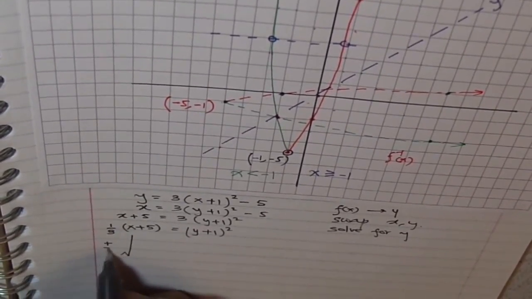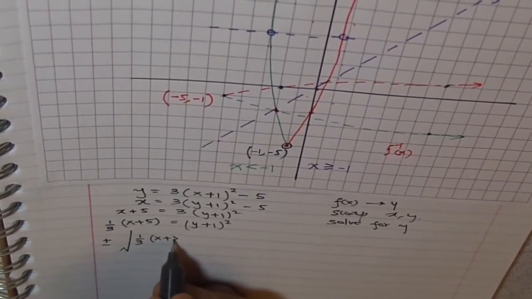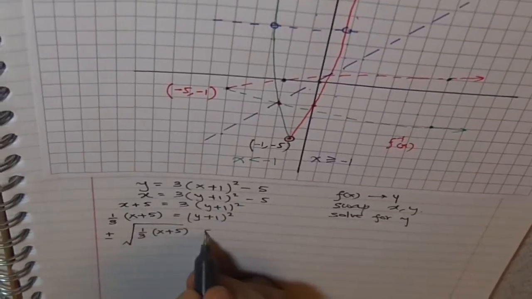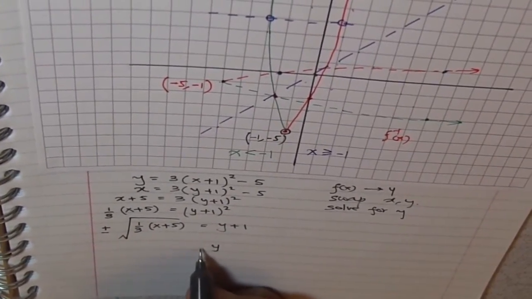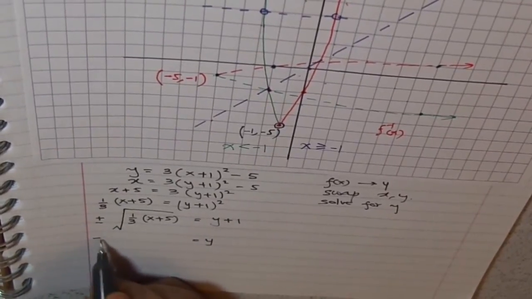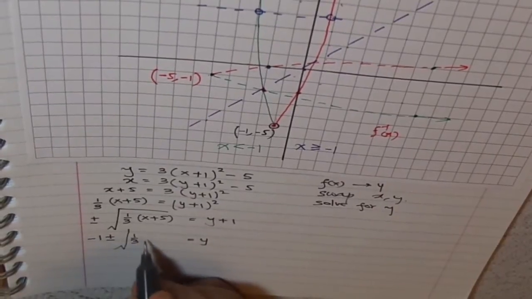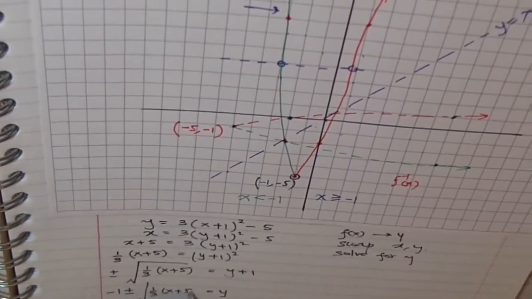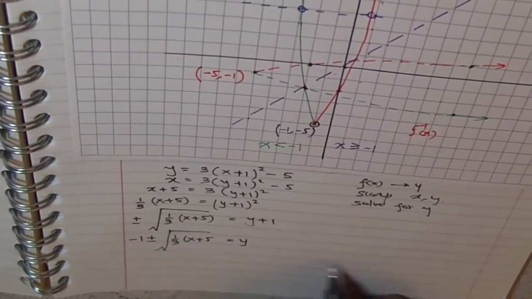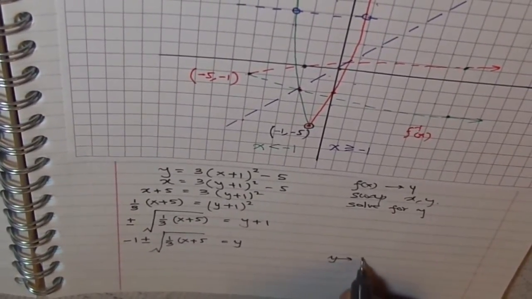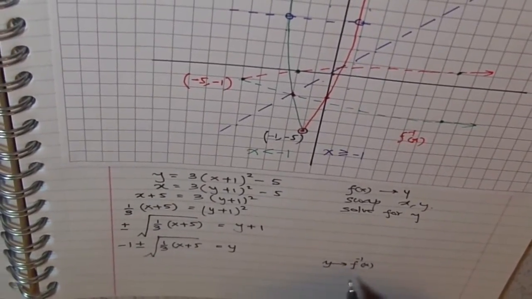So you write plus and minus square root of 1/3 (x plus 5) equals y plus 1. Now what is y? y equals minus 1 plus or minus square root of 1/3 (x plus 5). Now write it in function notation. That means we'll replace y with f inverse of x.